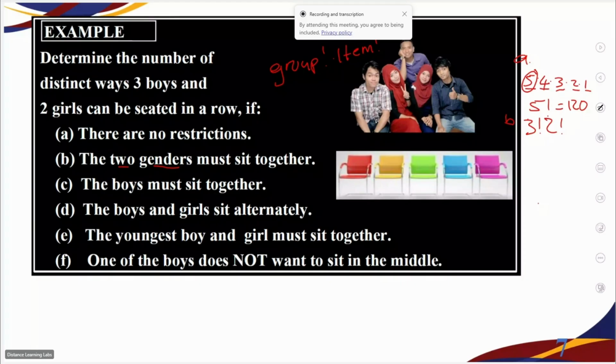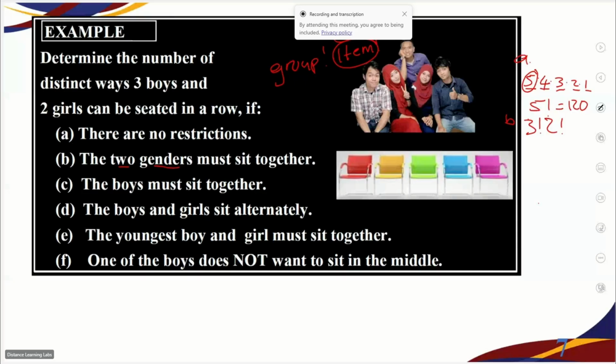After grouping the boys and the girls, we have 2 items in this case. We have the boys, we have the girls. After grouping them, we treat them as one. That means I'll have 1 group of boys, 1 group of girls. Therefore, 3 factorial by 2 factorial. We are also going to multiply it by 2 factorial.